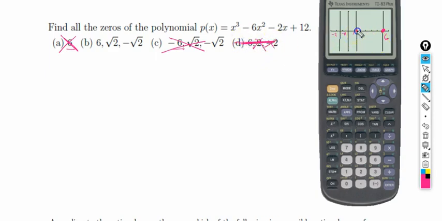And so I do have x-intercepts, but they're not whole numbers. And square root of 2 and the negative of the square root of 2 are a good match for that because square root of 2 is like 1.4 something. And that sure is matching up with where you would think they would be. Okay.